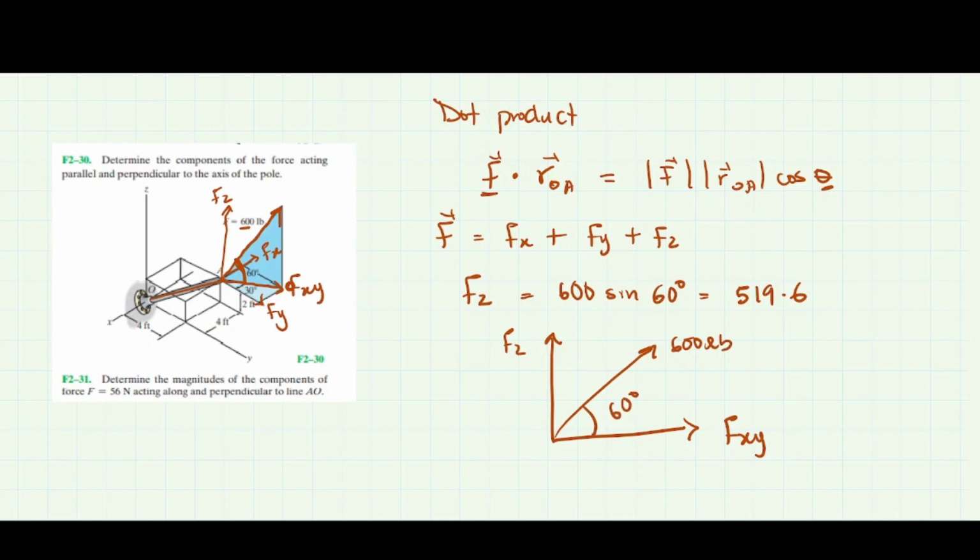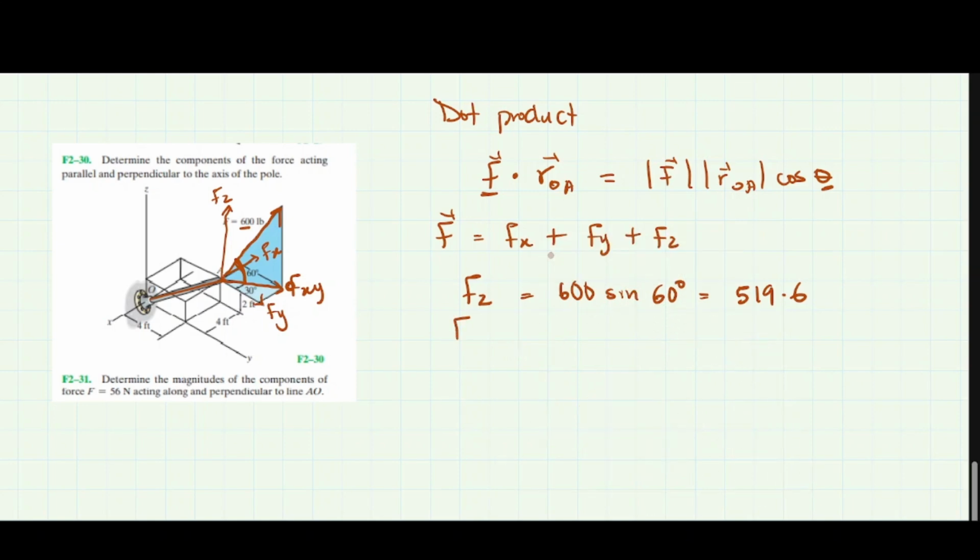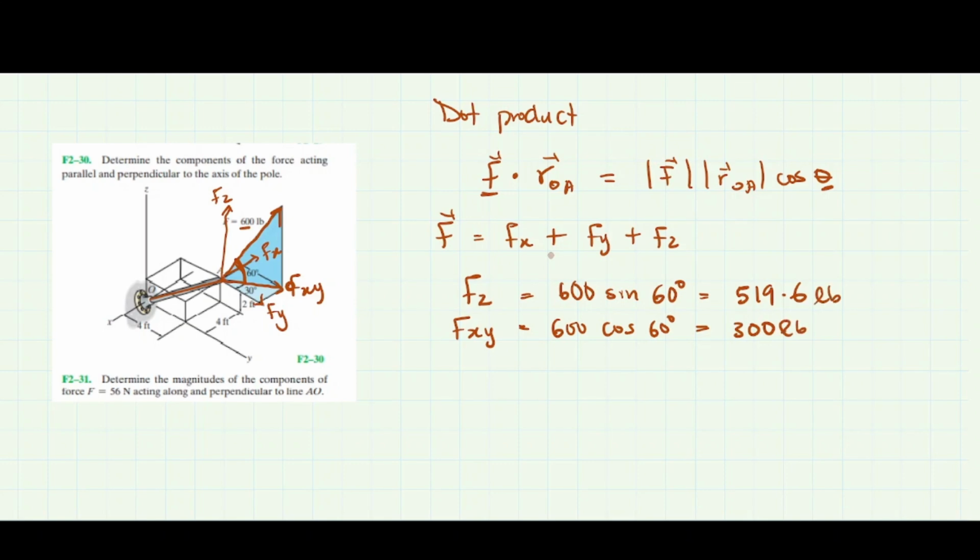We know the angle here is 60 degrees. To get this, we can simply do 600 cos 60 degrees. So Fxy is equal to 600 cos 60 degrees, which is equal to 300 pounds. Sorry, I forgot to write pounds here.